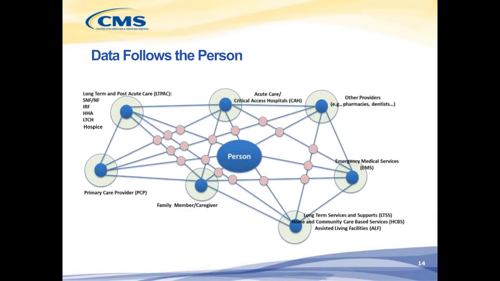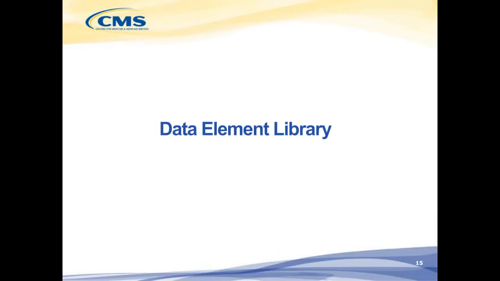We need to find a way to easily exchange data between providers and with our beneficiaries to help reduce burden and improve care coordination for better health outcomes. So we're shifting the focus. The focus is no longer on the care setting, but on the person to help drive and inform person-centered care. And next slide, please.